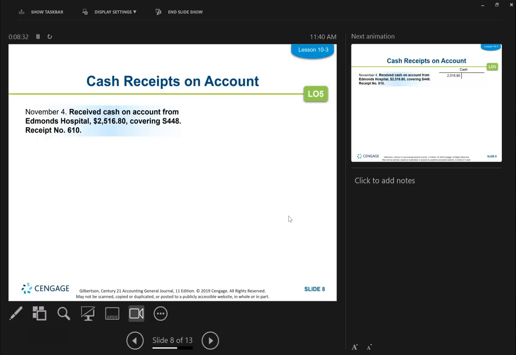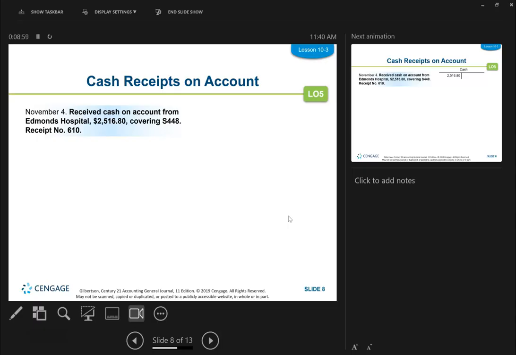What if someone's come and paid their bill that they owe us? They bought something from us, we invoiced them, and now they're turning around and paying their account. Here it says, received cash on account from Edmonds Hospital for $2,516.80, covering S448, receipt number 610. The covering S448 doesn't matter to us.